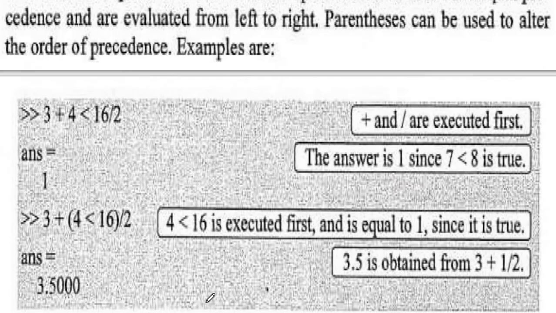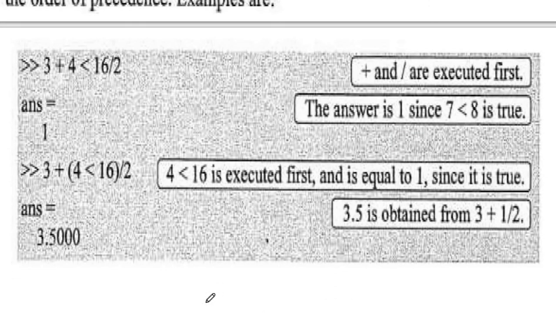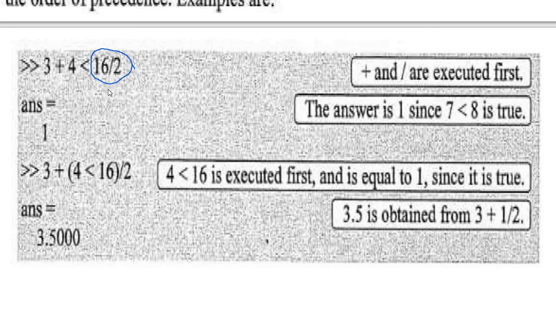Now we see an example: 3 plus 4 less than 16 divided by 2. By the precedence of operators, the division is first. 16 divided by 2 is 8. Next, the addition: 3 plus 4 is 7. Now we check 7 less than 8, the value is 1. It is true, therefore we display 1.